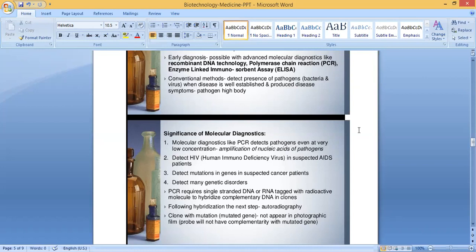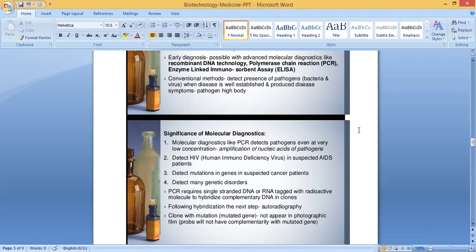For that also we use molecular diagnostic methods, and in early stages we can identify it. Then next, to detect many genetic disorders, we use these methods.